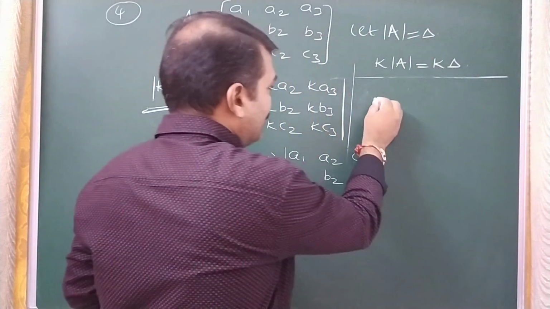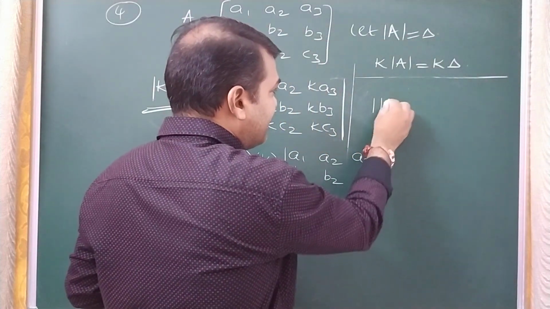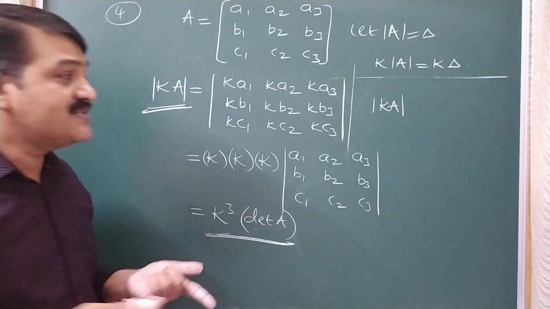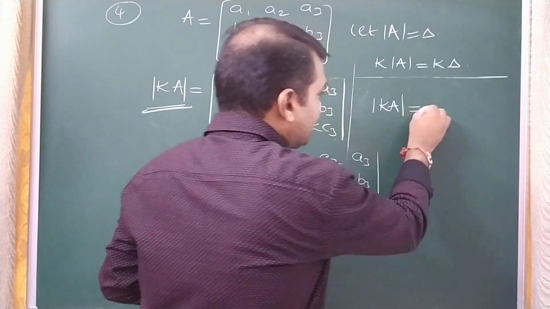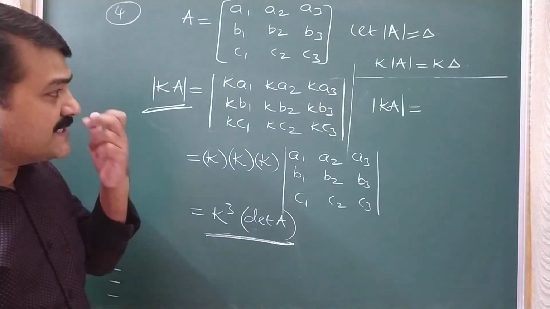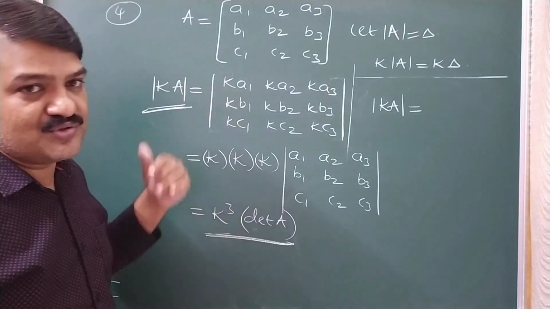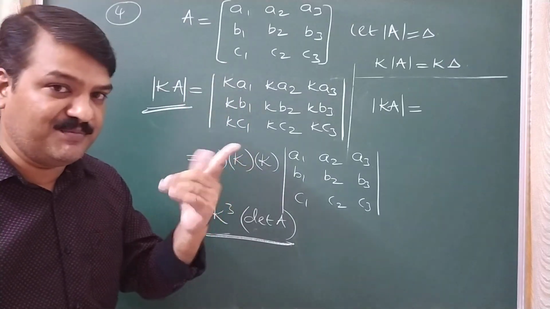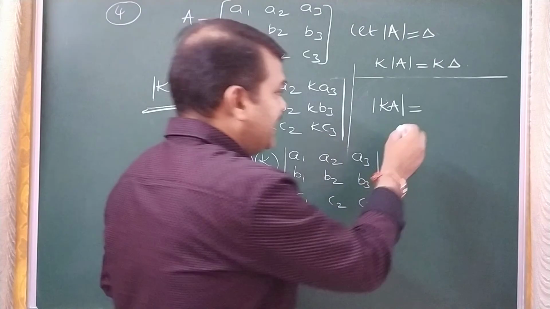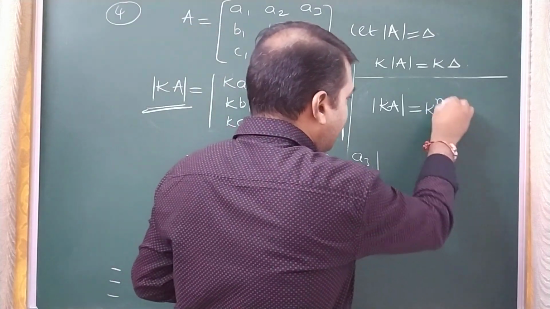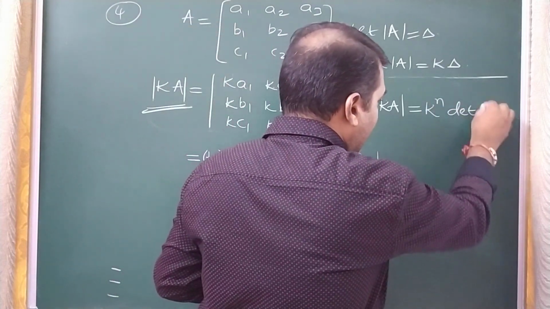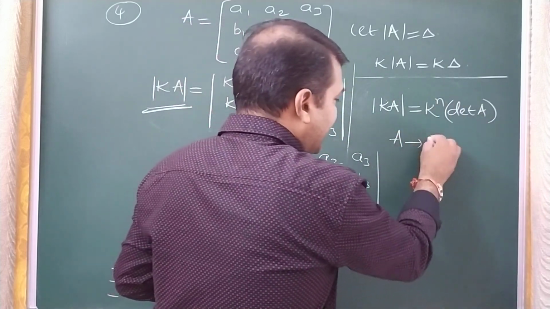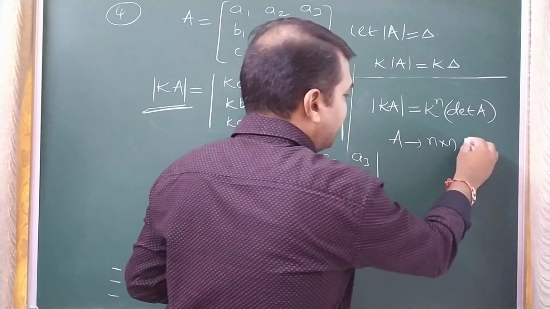So therefore, what is determinant of KA for an n by n matrix? For an n cross n matrix, you will have n rows. That means you can take K common n times. So determinant of KA will be K power n into det A, if A is an n cross n matrix.